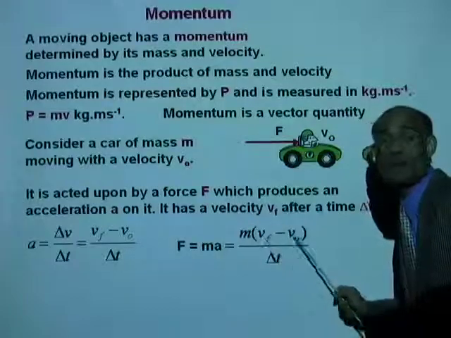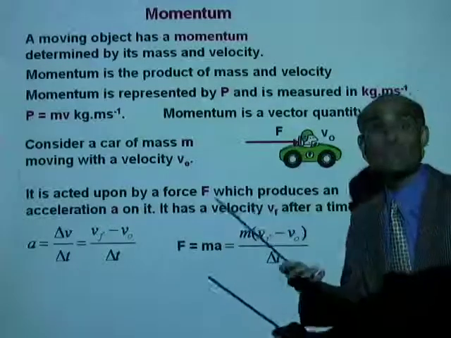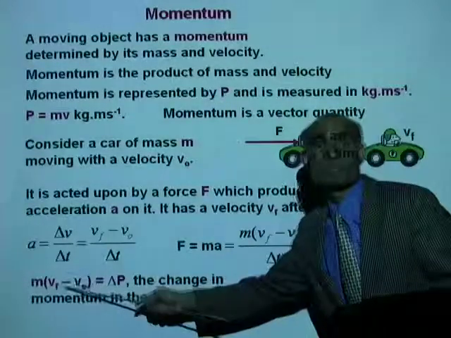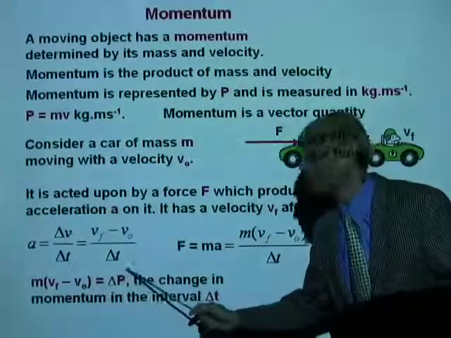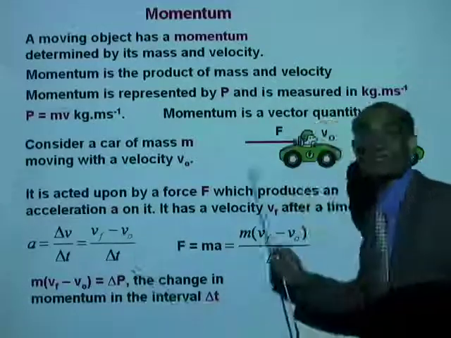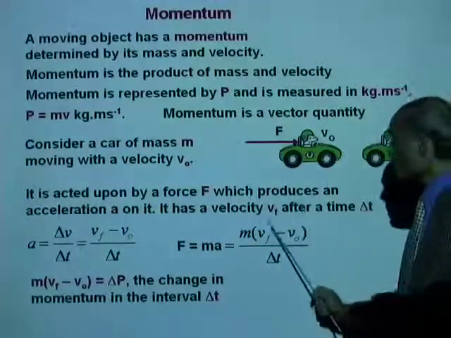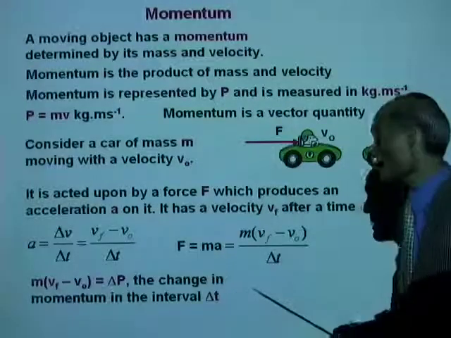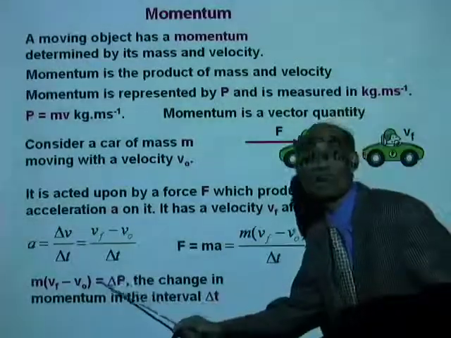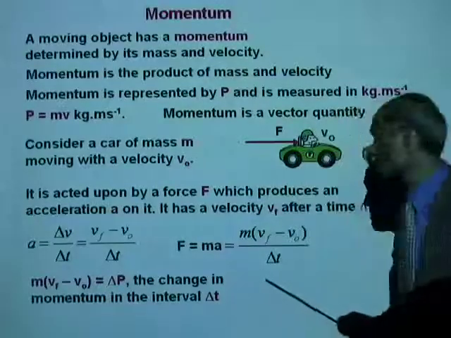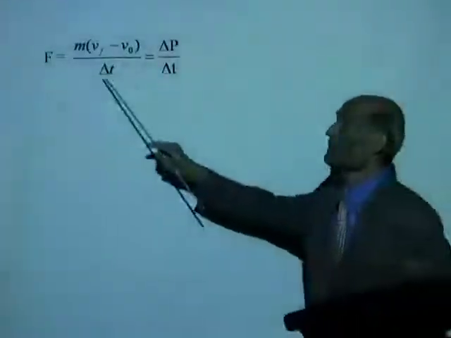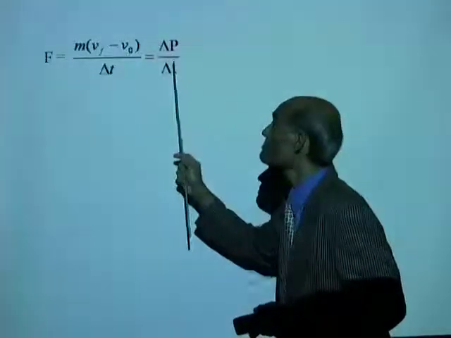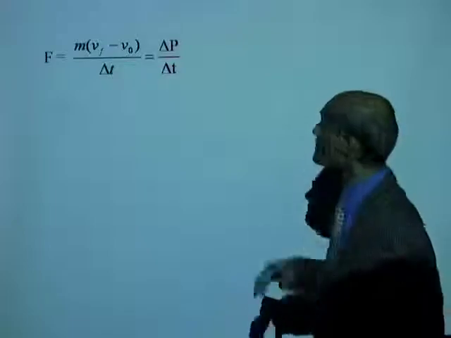The quantity in the numerator actually represents the change in momentum. m times (vf minus v0) represents the change in momentum of the car. So I can replace that numerator m times (vf minus v0) by the quantity delta P. So I have the force acting on the car equal to delta P divided by delta t.